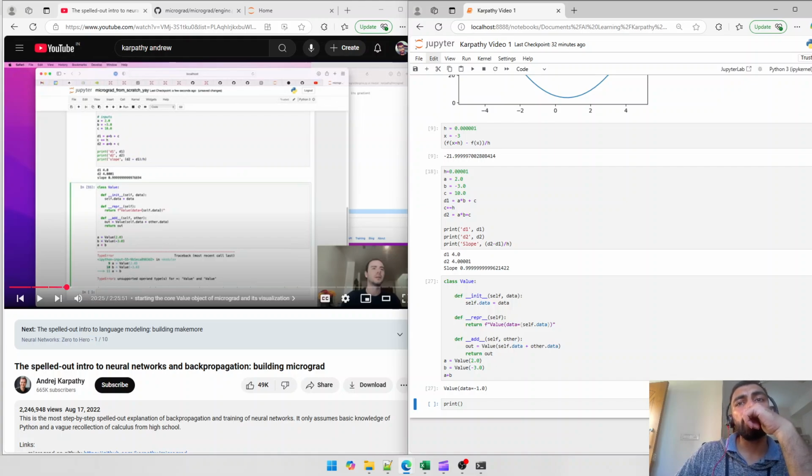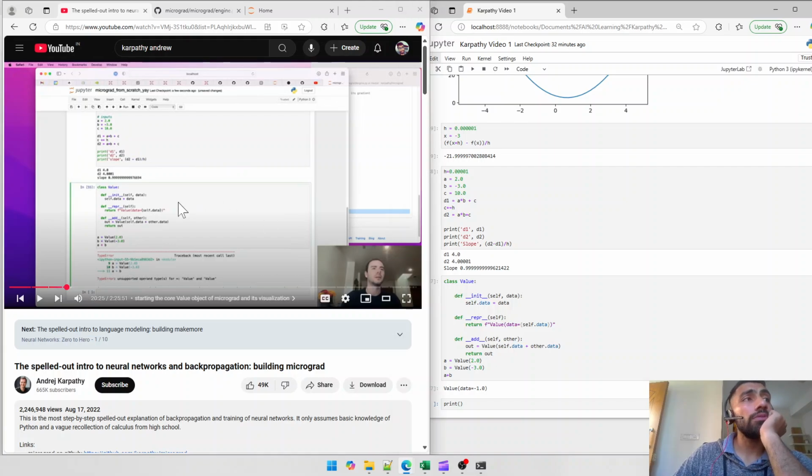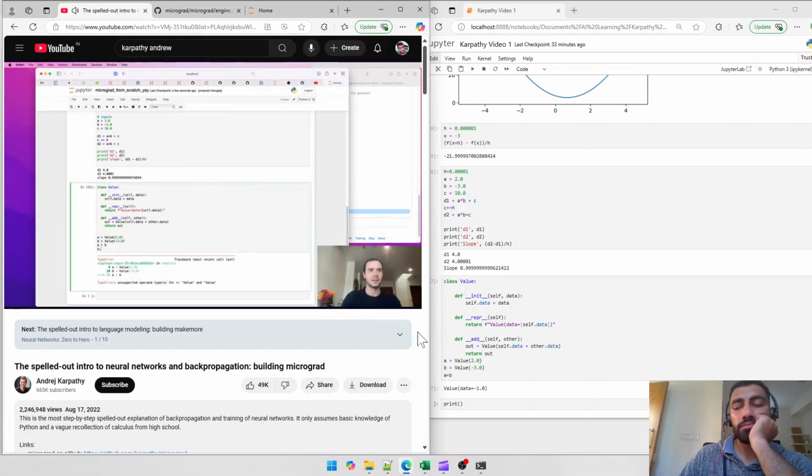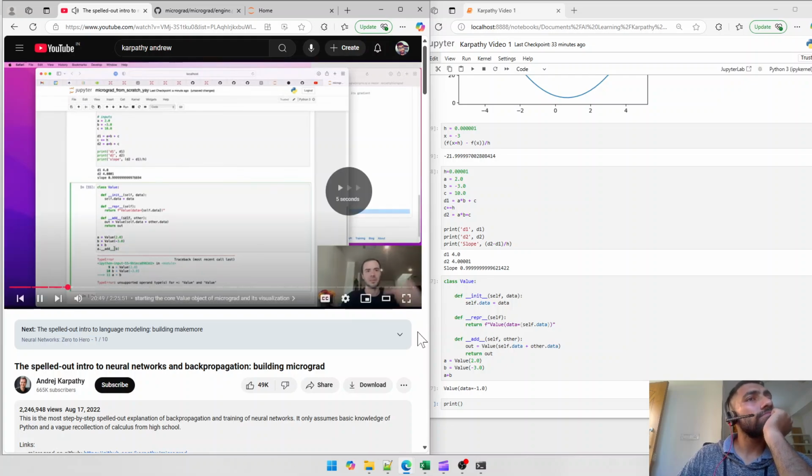So 2 plus minus 3 is minus 1. You have to basically use these special double underscore methods in Python to define these operators for these objects. If we use this plus operator, Python will internally call a dot add of b.